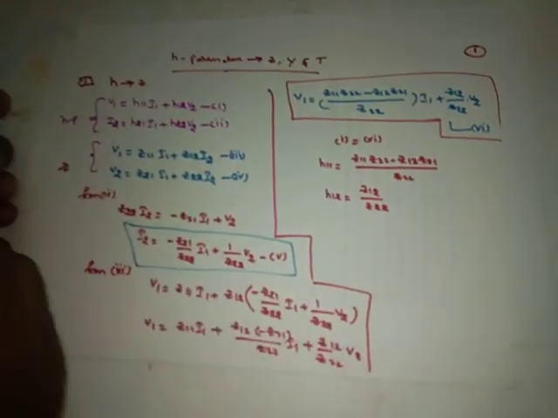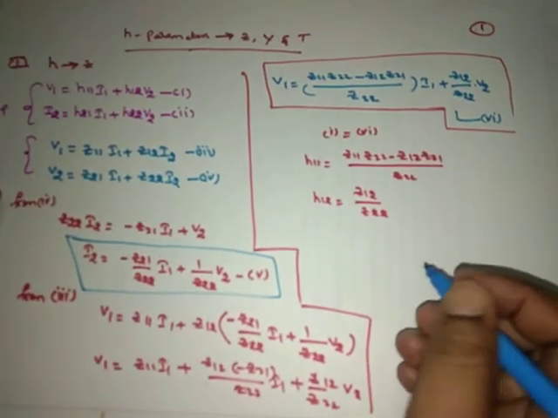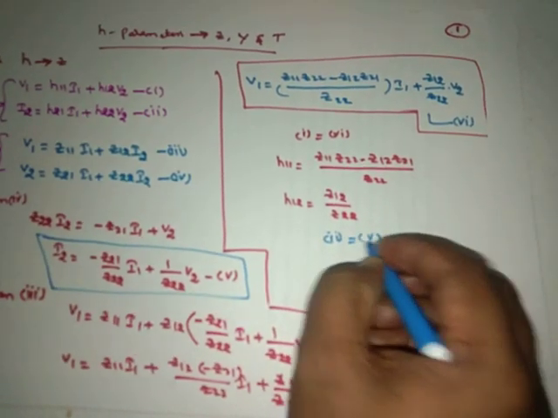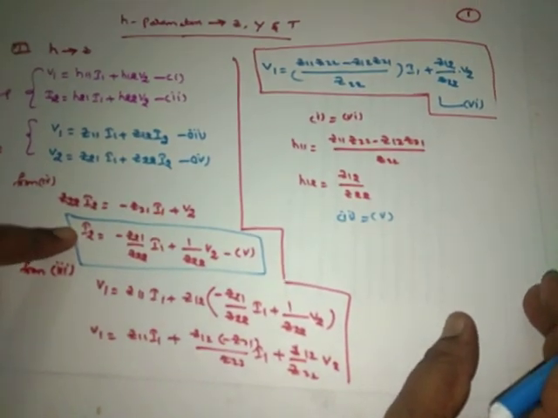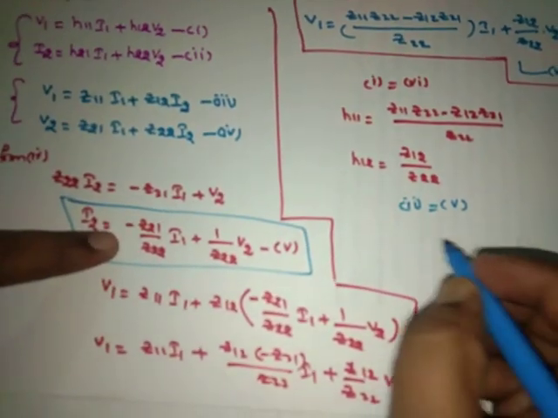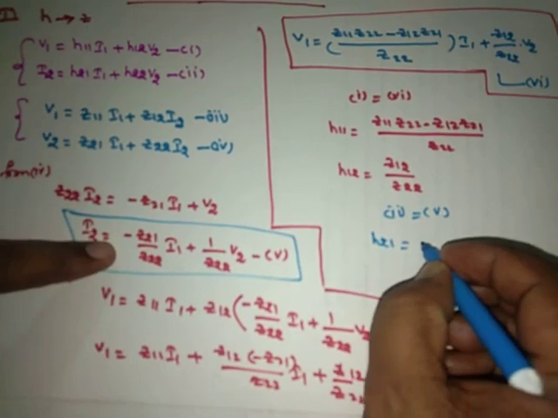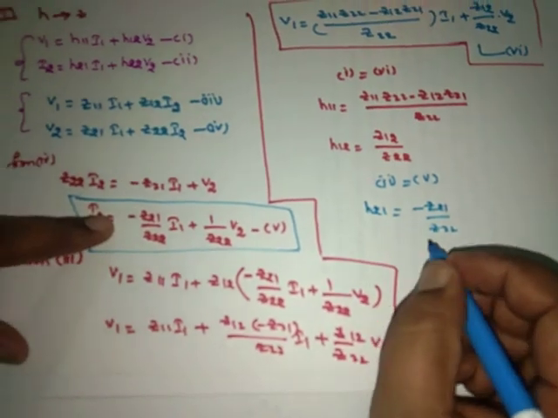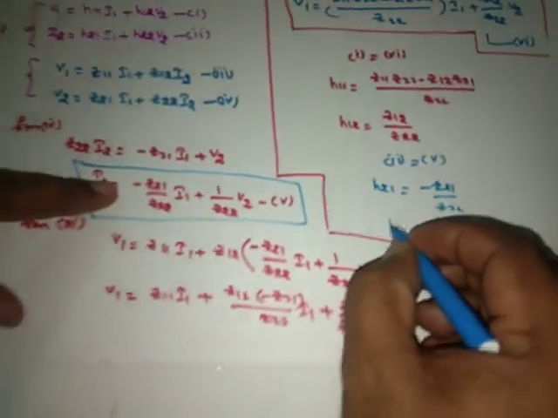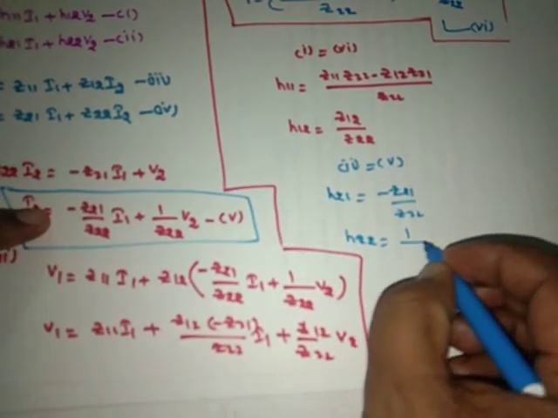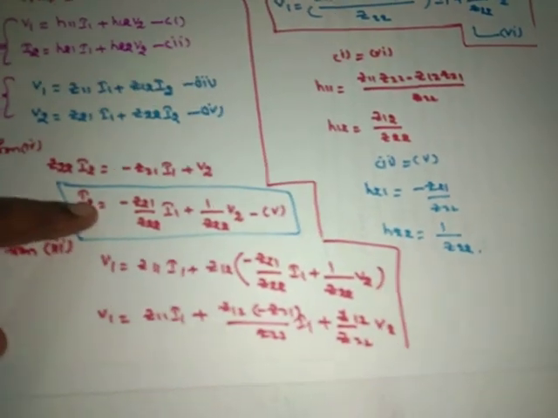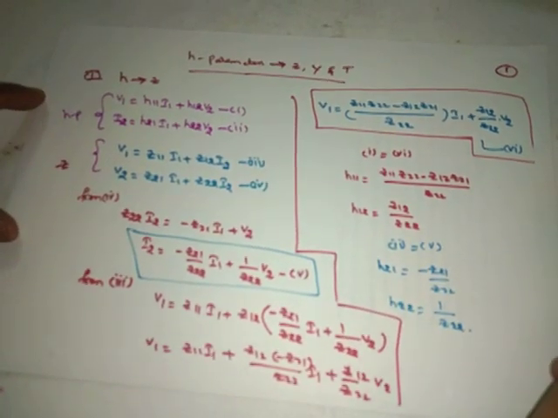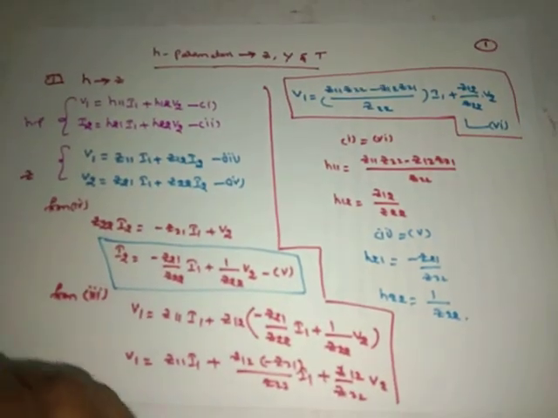Now similarly, compare equation 5 with equation 2. Here I2 depends upon I1 and V2. Similarly H21 is equal to minus Z21 by Z22 and H22 is equal to 1 by Z22. These four are the H parameters in terms of Z parameters.